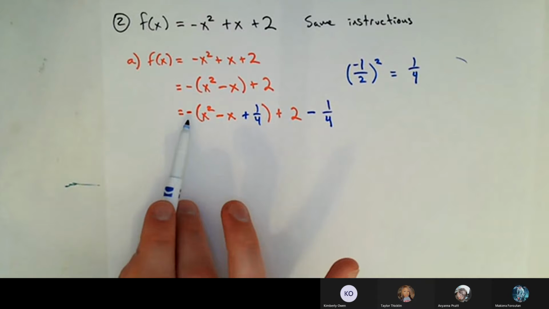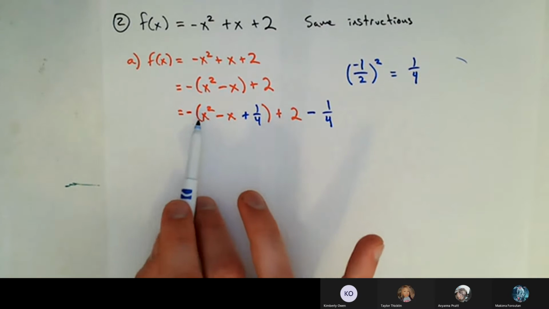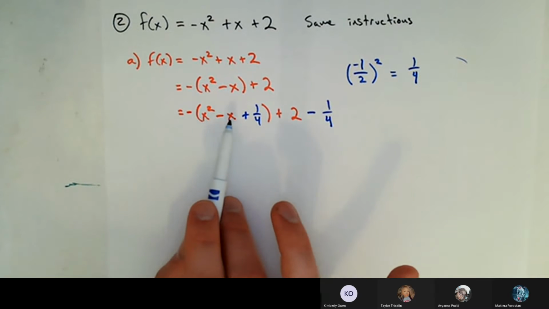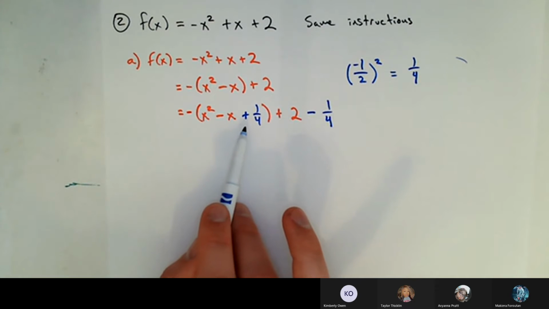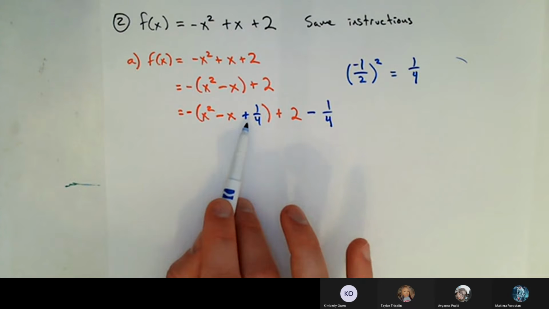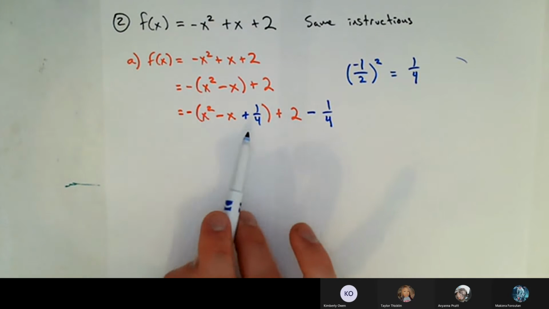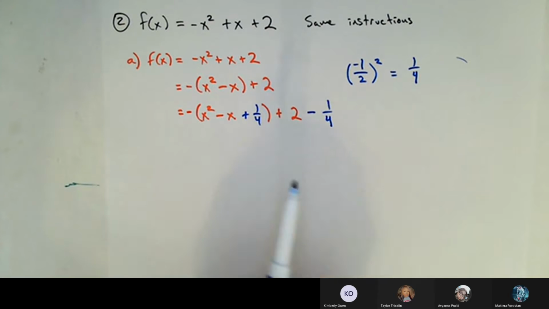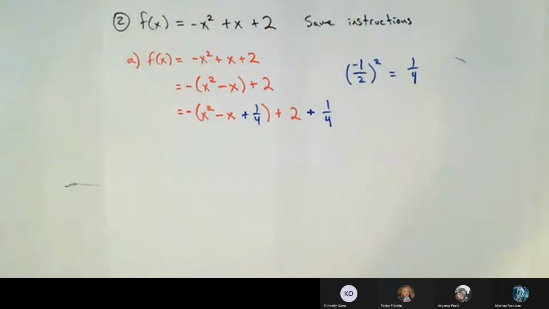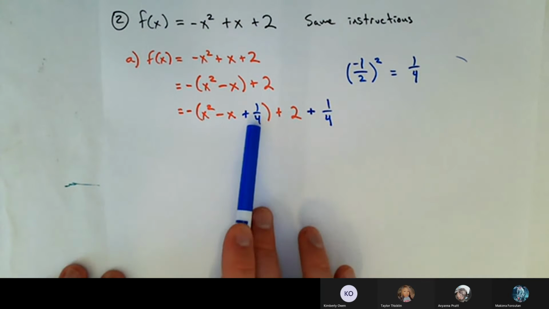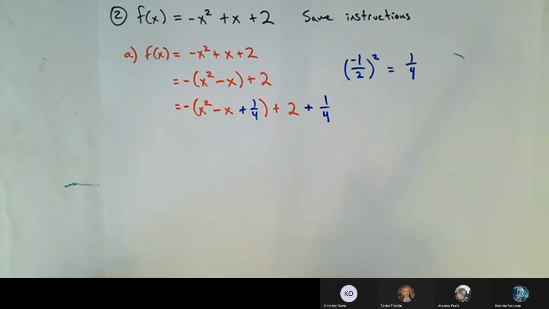But since I need to account for whatever's happening out here, this negative applies to this 1/4, meaning that what I'm actually doing in here is subtracting 1/4. So in order to bring balance, I have to add 1/4 on the outside. Which is very strange, but that's what's happening. I have to think about what I did here so that I can think about how to bring balance out here.